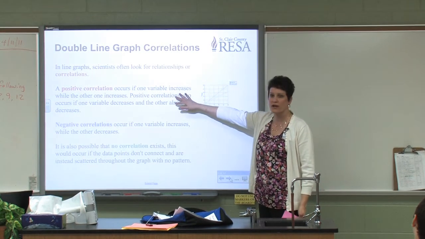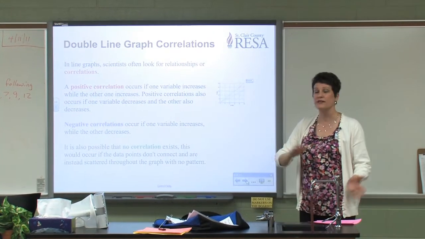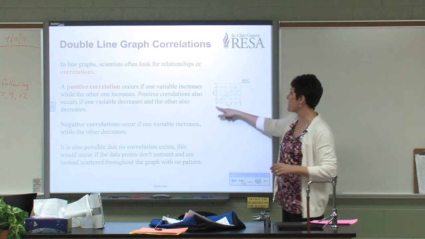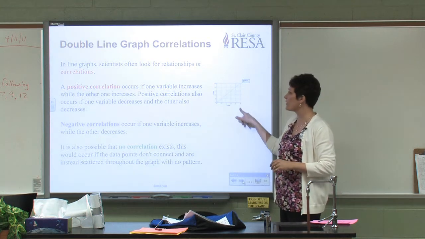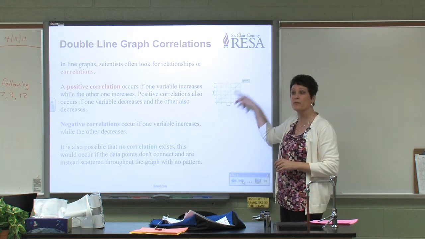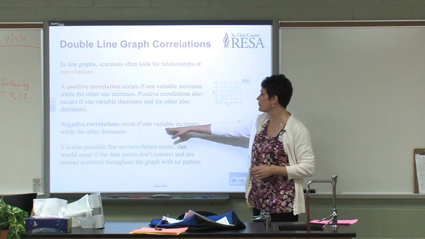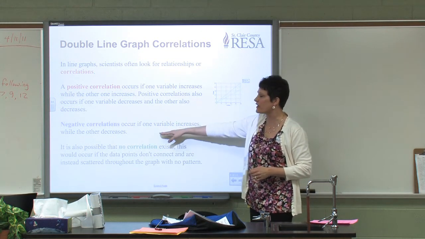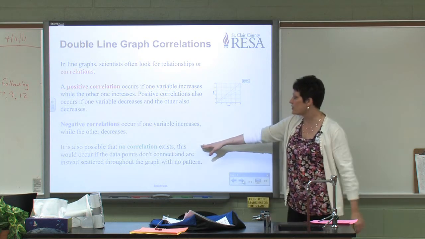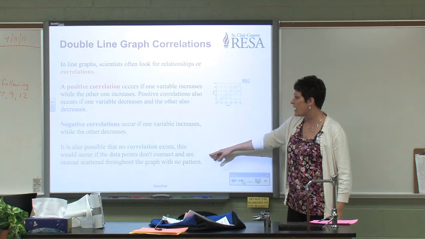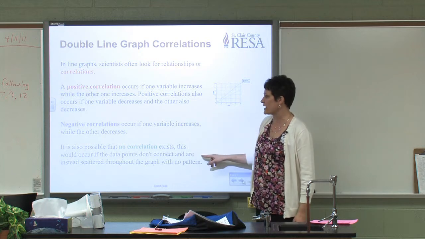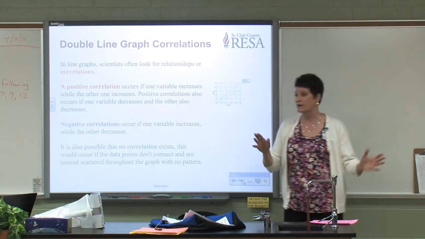A positive correlation means that both lines are going in the same direction, whether that be a positive direction or a negative direction going down, but they're both going the same way. A negative correlation occurs if one variable increases while the other decreases, and a no correlation exists if the data points don't connect and are instead scattered throughout the graph.